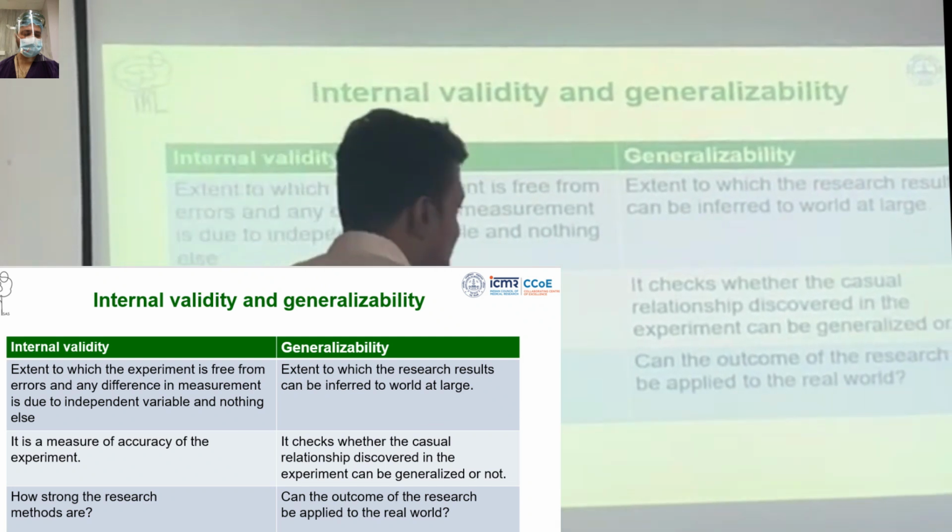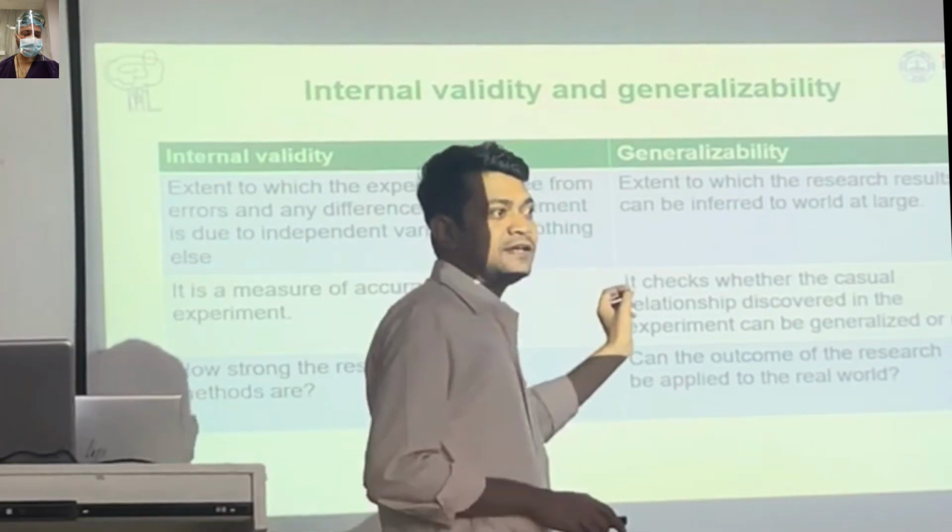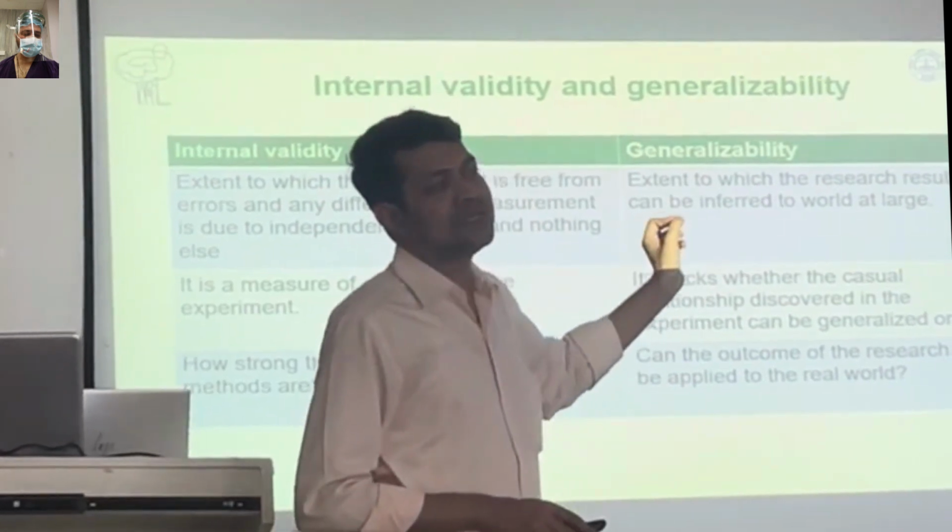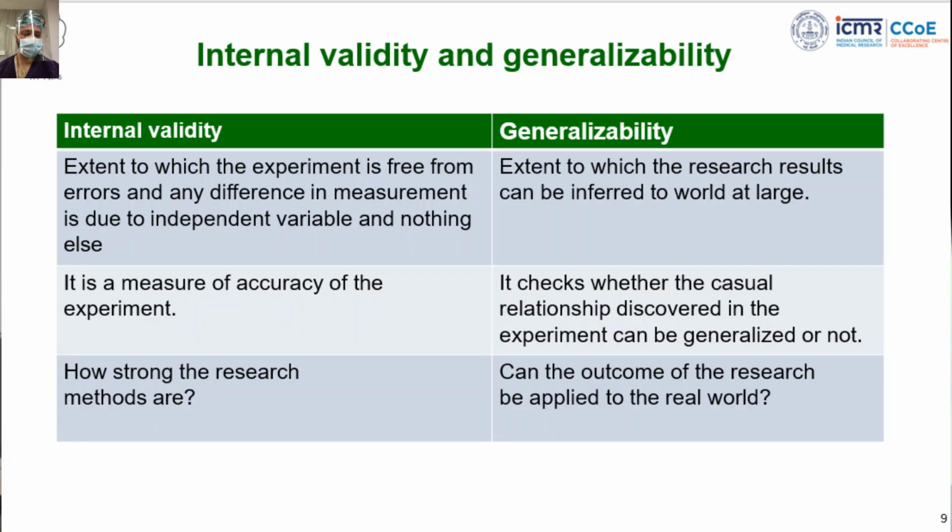And what is generalizability? Generalizability comes from how we have selected our sample. If you have taken a non-probability sample, or a sample from a very vulnerable population, then the findings of your study will be applicable only to that vulnerable population, not to everyone. So that's why these two parts are very important.